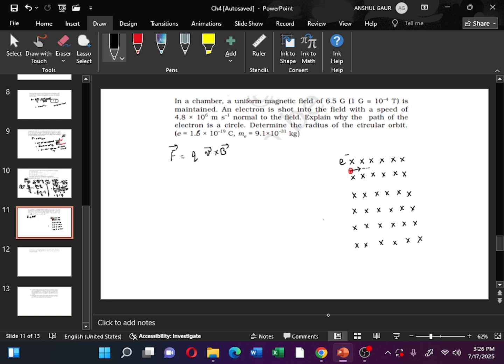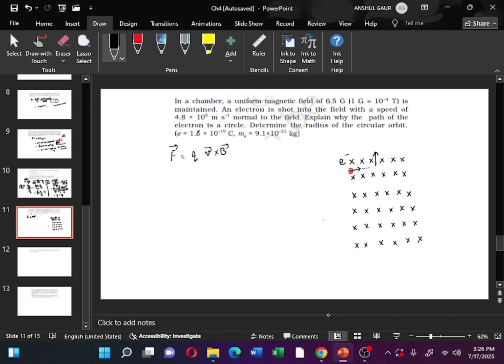Now this equation gives the direction. If q is positive, then according to the cross product rule, the direction is perpendicular to both v as well as B. So if the charge is positive, the force will act in this plane in the upward direction.